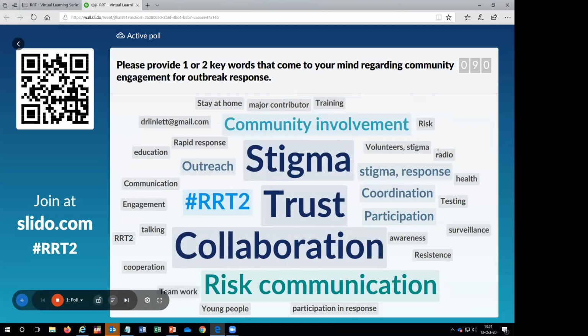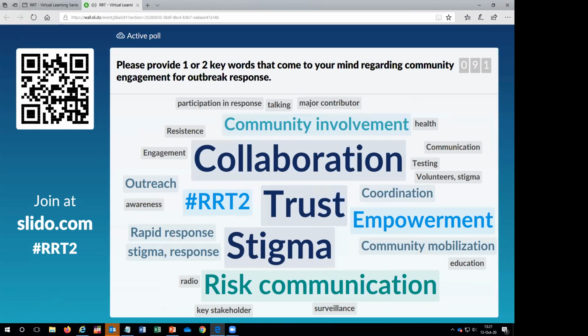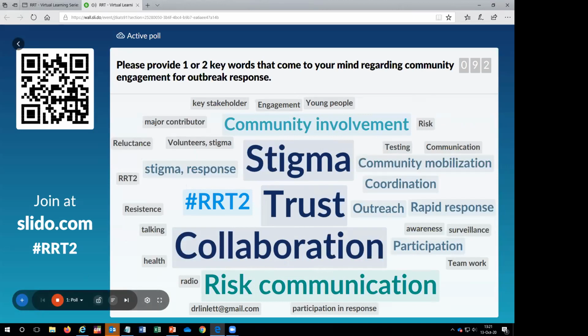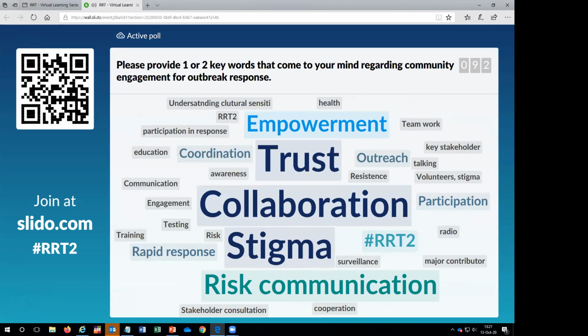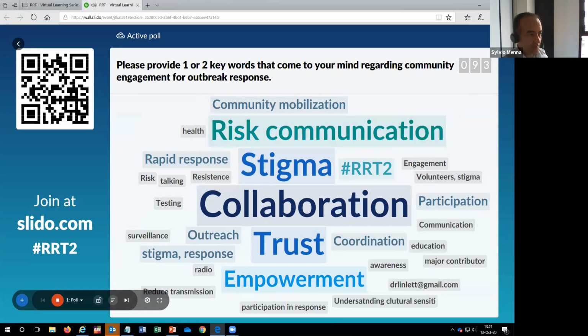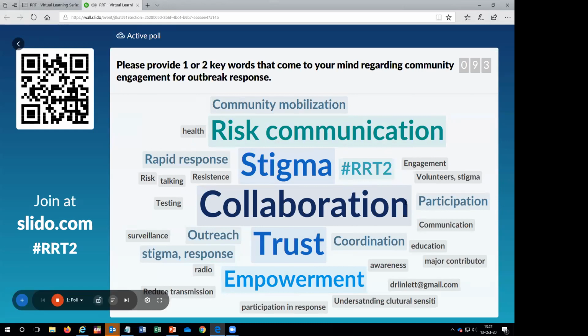You can join this application by scanning the QR code or typing slido.com in your browser, and then the passcode is RRT2, sorry. And if you cannot join us on Slido, you can type on the chat box if you want, but it's less visual. Yes, definitely.